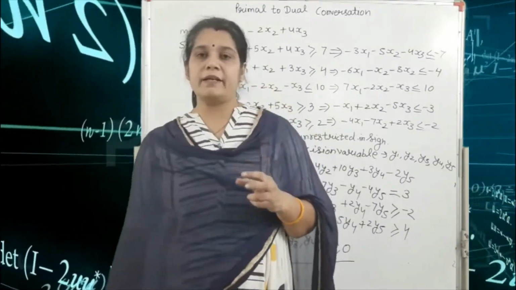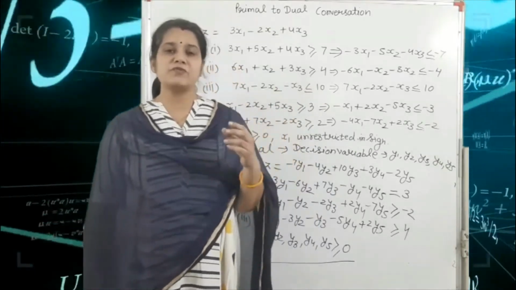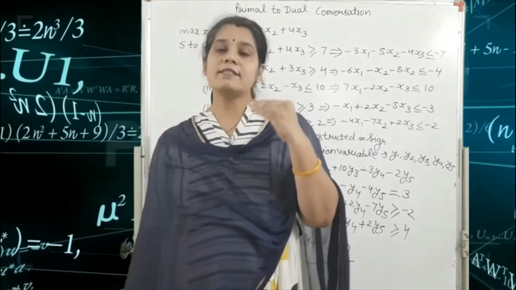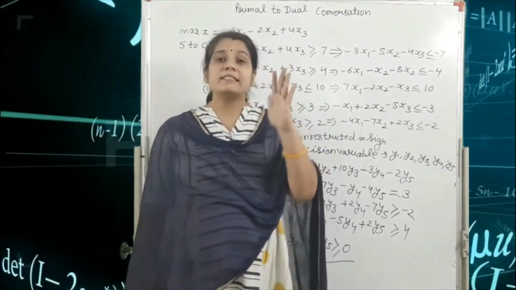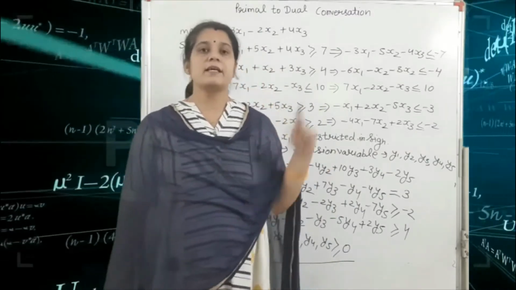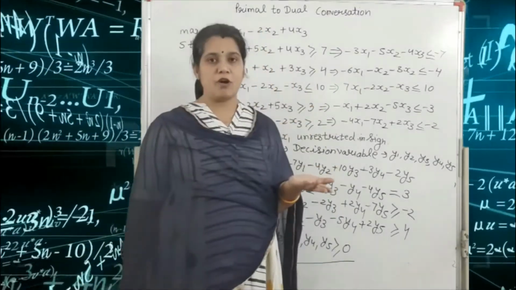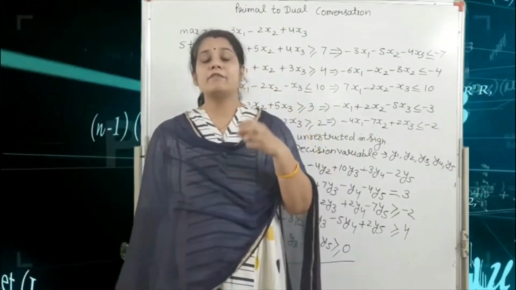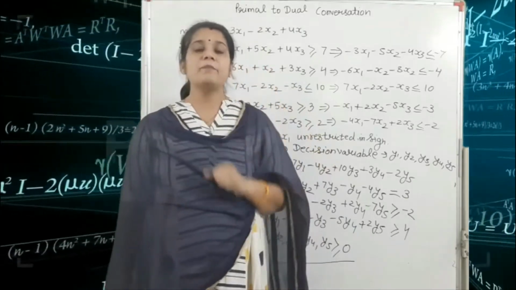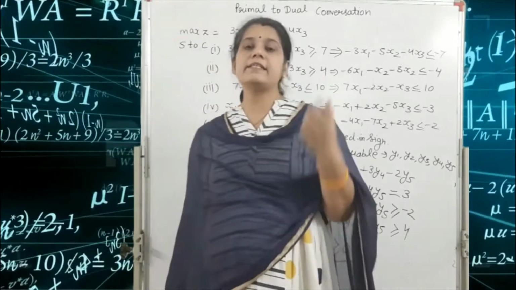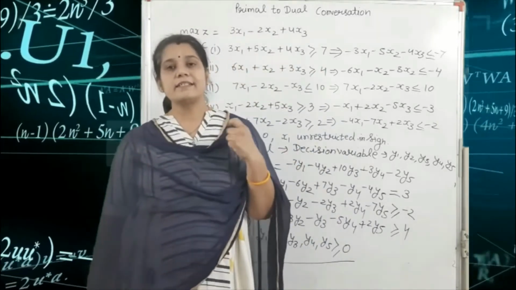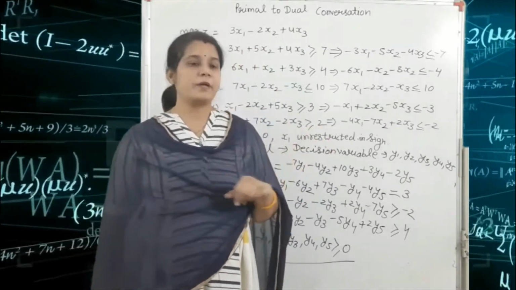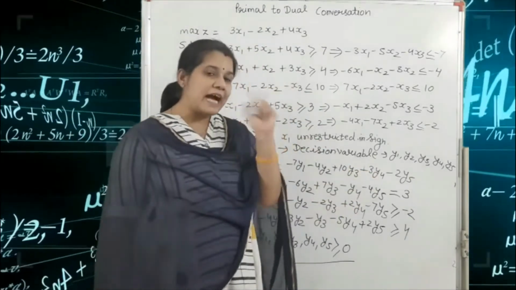So always keep in mind that 3 points are very important. First one is, if your question is given in the maximization form, then firstly you check that all the subject to constraint equations are less than equal to type. Second point is, if your question is given in the minimization form, then all the subject to constraint equations are given in the greater than equal to type. Got it? Third point is, if any decision variable is unrestricted in sign, then according to the conversion, primal to dual or dual to primal, you write the equal to type for that number of equation.